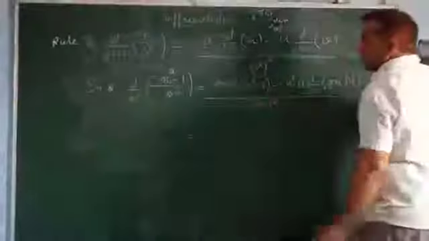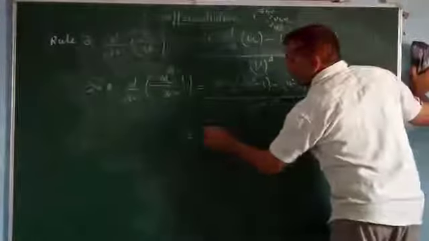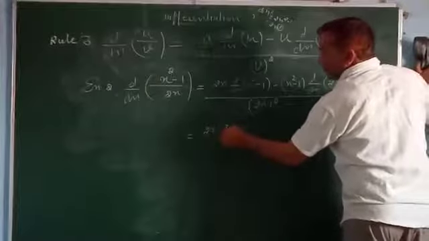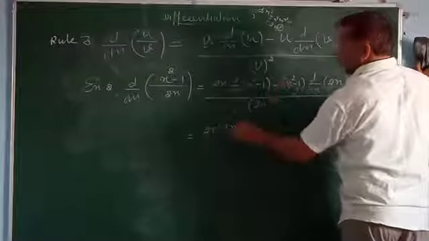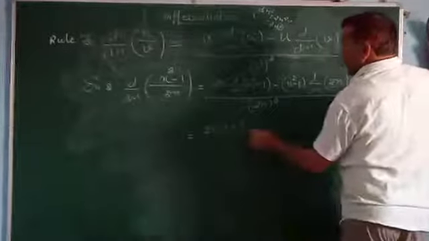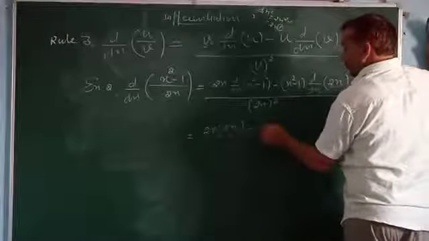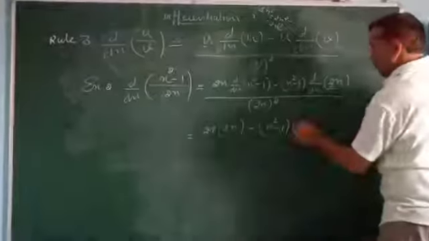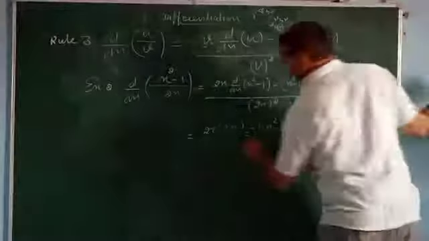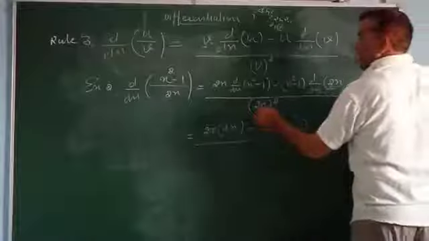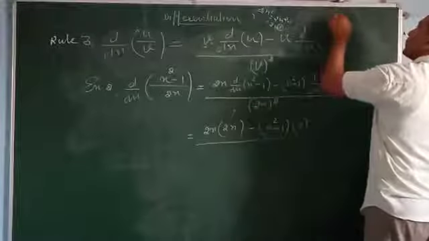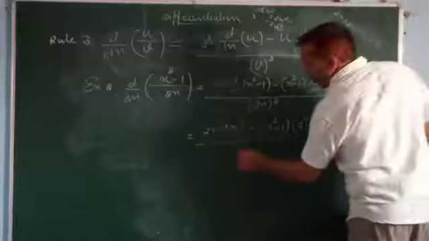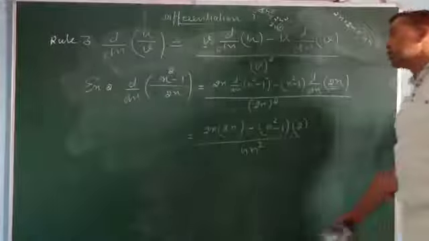This will be equal to 2x into derivative of this function will be 2x minus 0 minus x square minus 1 into derivative of this function will be 2 upon square of 2x, that is 2x into 2x, that will be equal to 4x square upon 4x square, not 2x.